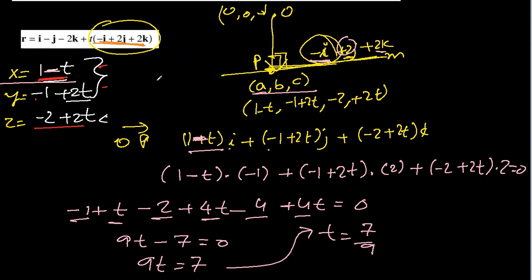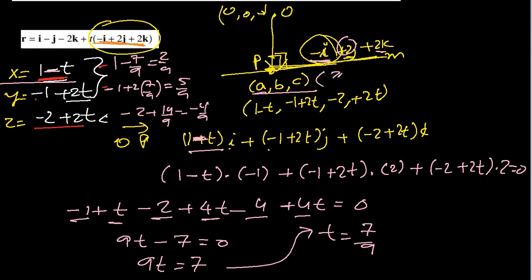So let's plug them in one by one. 1 minus t, t is 7 over 9. 1 minus 7 over 9 will be 2 over 9. Minus 1 plus 2 times 7 over 9, which is 14 over 9, that will be 5 over 9. Minus 2 plus 14 over 9, so minus 18 plus 14, minus 4 over 9. So the coordinates ABC are 2 over 9, 5 over 9 and minus 4 over 9.